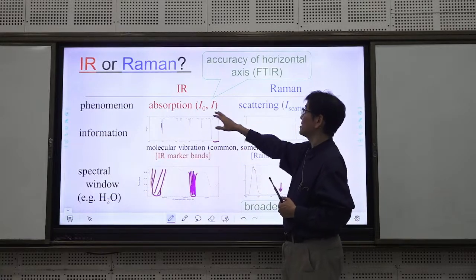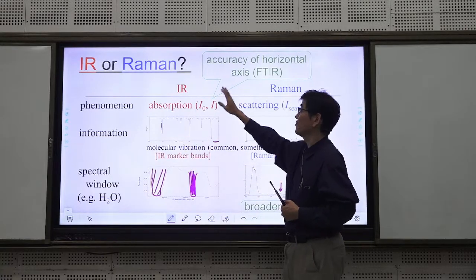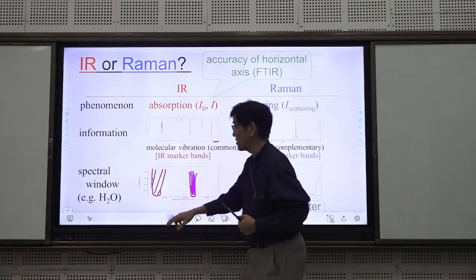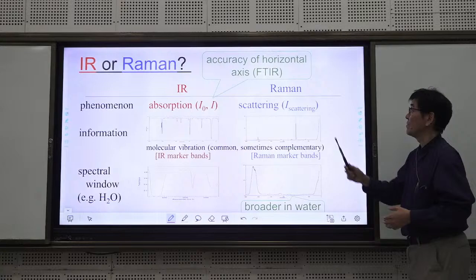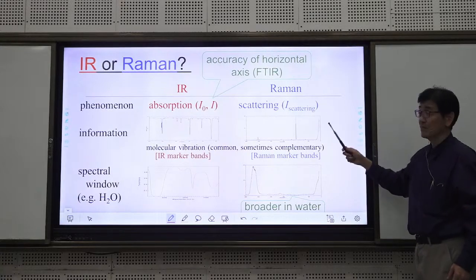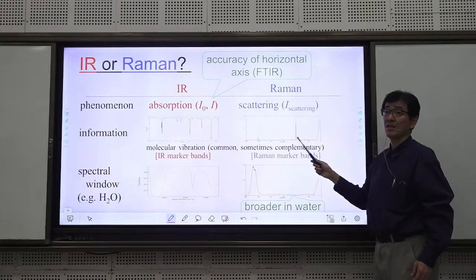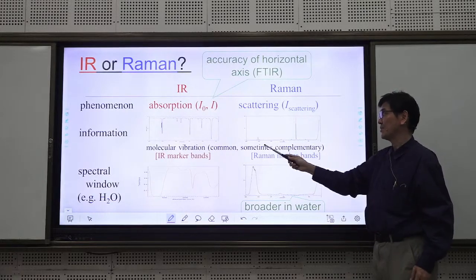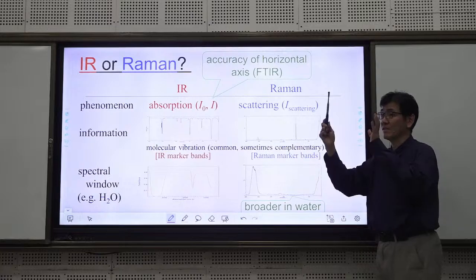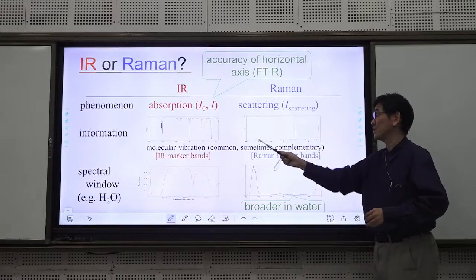So the accuracy of the wave number is correct. This is the advantage of FT-IR spectroscopy. In the case of Raman scattering, we need to measure indium or some standard light, standard lamp, and we need to convert a CCD channel to wave number.